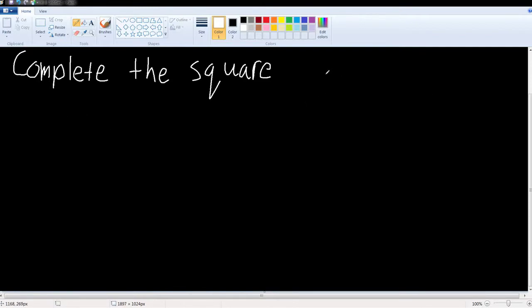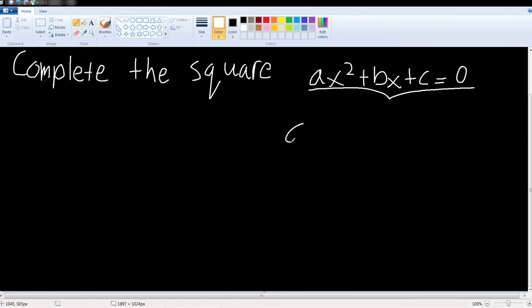They look something like ax squared plus bx plus c equals 0. And completing the square changes this quadratic equation into the form of a vertex. So in that case, we want to change it into something that looks like this.